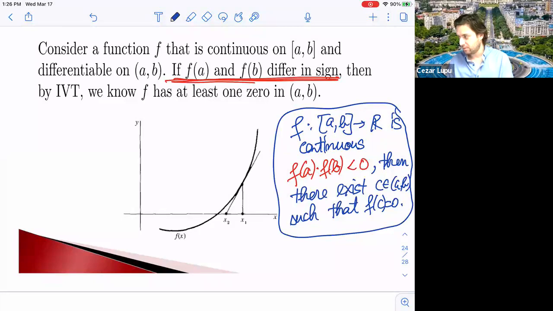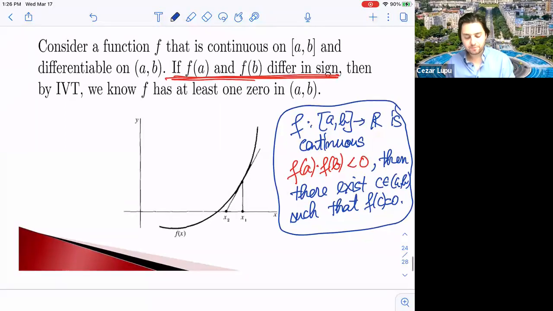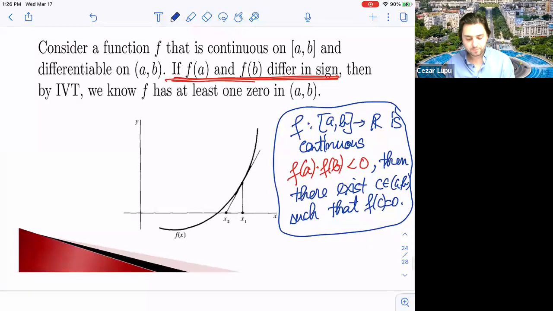Maybe I'll discuss this more on Sunday in the review session before the midterm exam. I'll remind you how we show that a certain equation has a solution. Anyway, we know this by the intermediate value property.